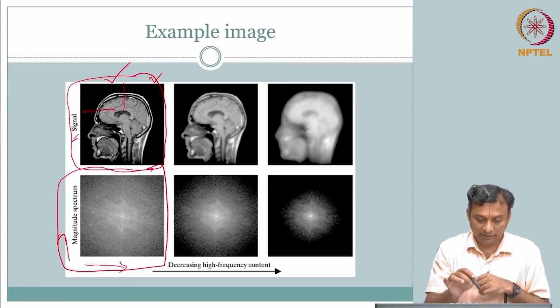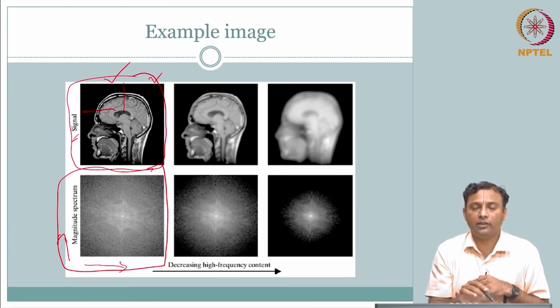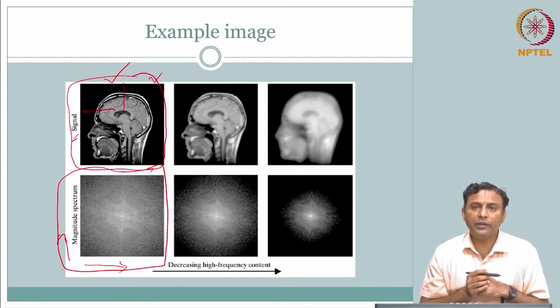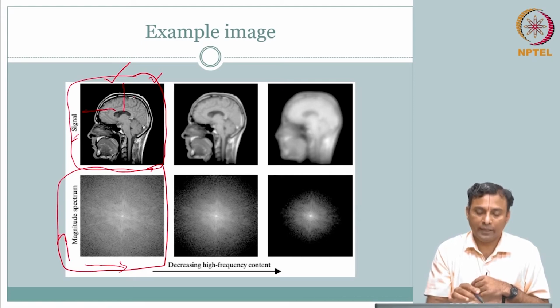Wherever you see vertical lines featured here, that means it is going to have variation in the horizontal direction or the x direction. So, there is going to be a u frequency. Clearly, you can see that in this space you have several frequencies. It need not be just u and v that are perpendicular, it can be at any angle.